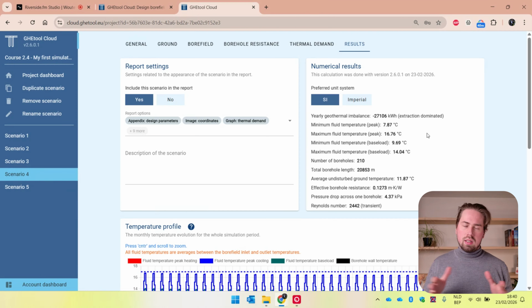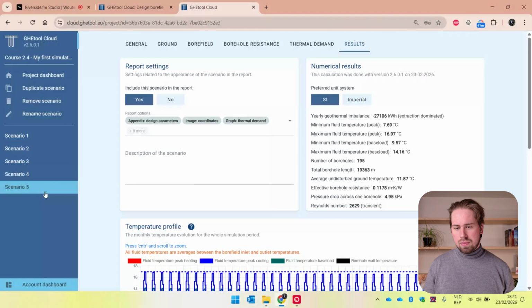So if we decrease the number of boreholes, our specific heat ejection in this case would be bigger because our total borehole length is now smaller. But what also is interesting is that here we are in the transient range at 2440. We know that turbulence starts at 2300, so we're absolutely not yet turbulent. But by decreasing the number of boreholes, our Reynolds number increases because our flow has to be divided amongst the different boreholes.